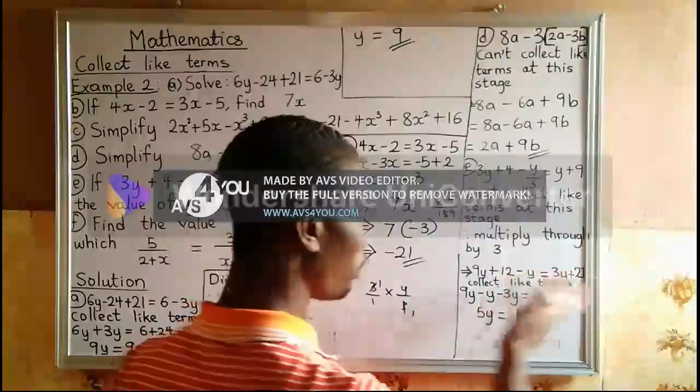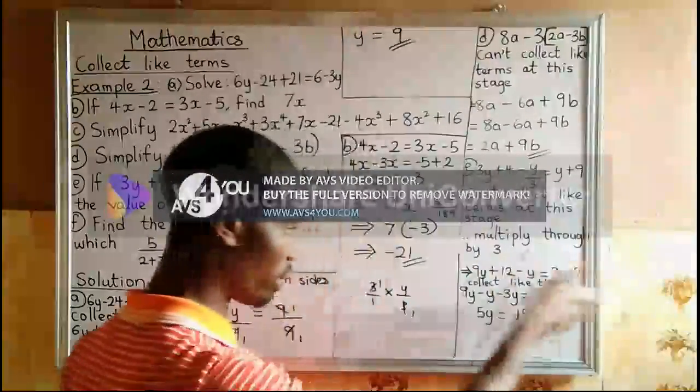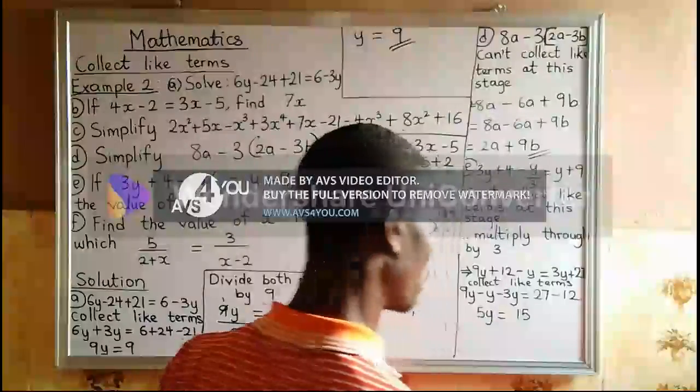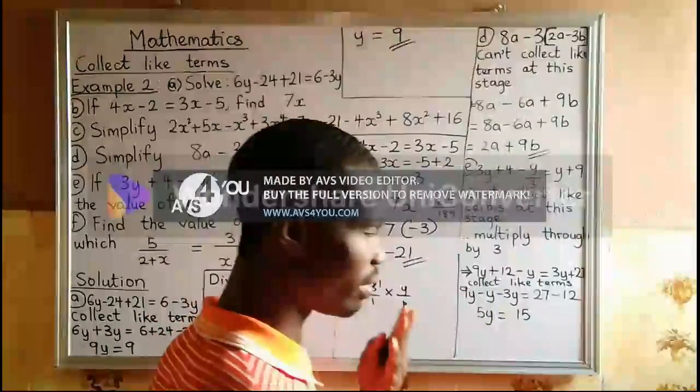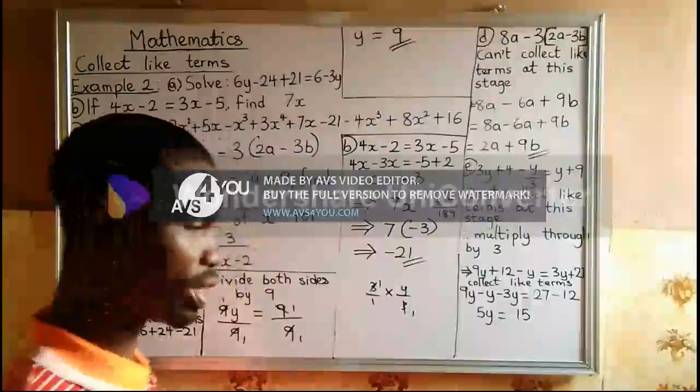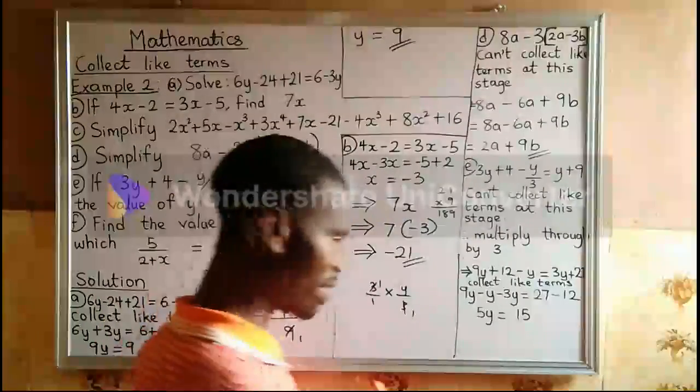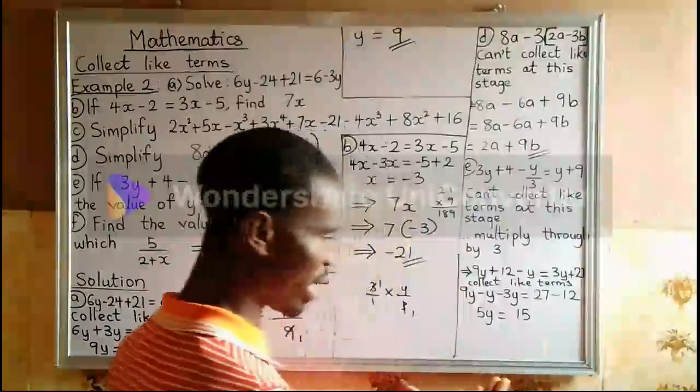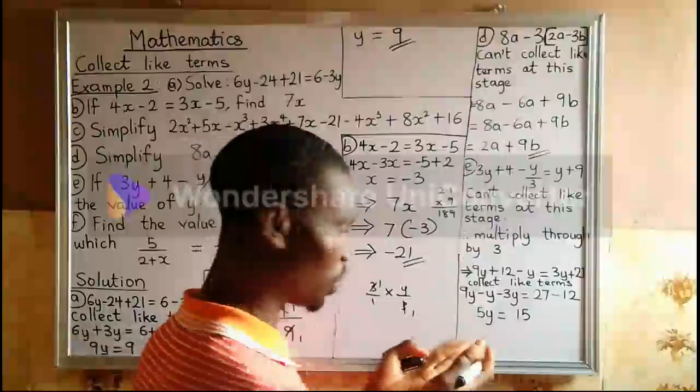Alright, so from there we collected the like terms and we evaluated to get 5y equals 15. You agree with me that the best and the right principle to apply here is to divide both sides by something. And what do you divide both sides by? The coefficient of y, which is 5 in this case.